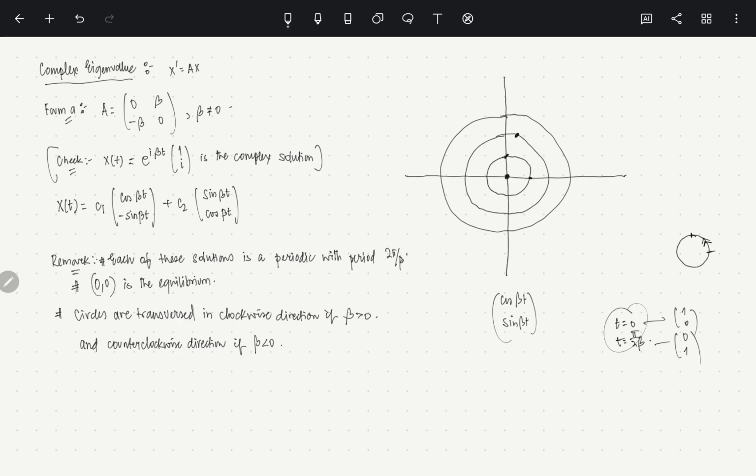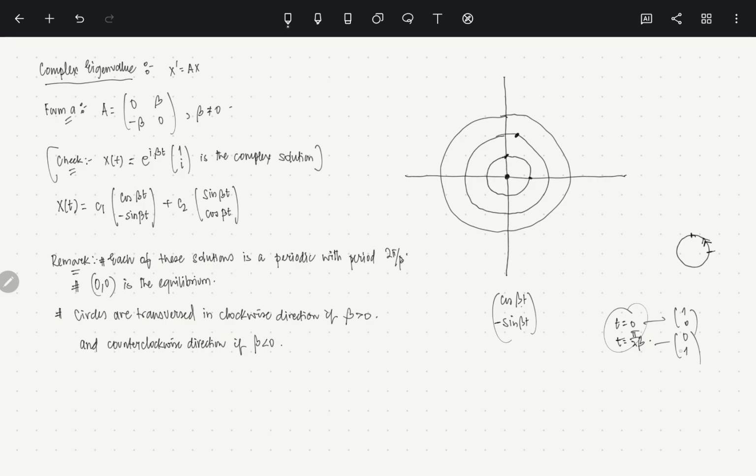Okay. Maybe I wrote something wrong. This is a mistake, right? One second. Let me just look at it. Sorry. There is a minus here. I missed that minus. I'm really sorry. So it is cosine beta t, minus sine beta t.